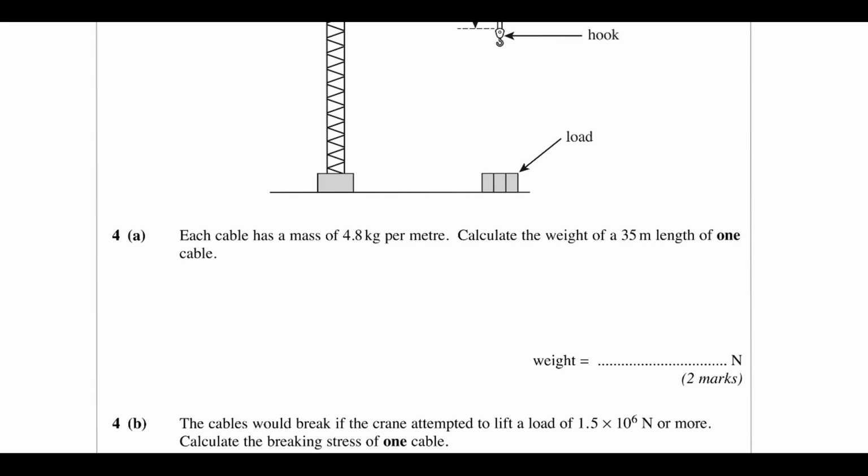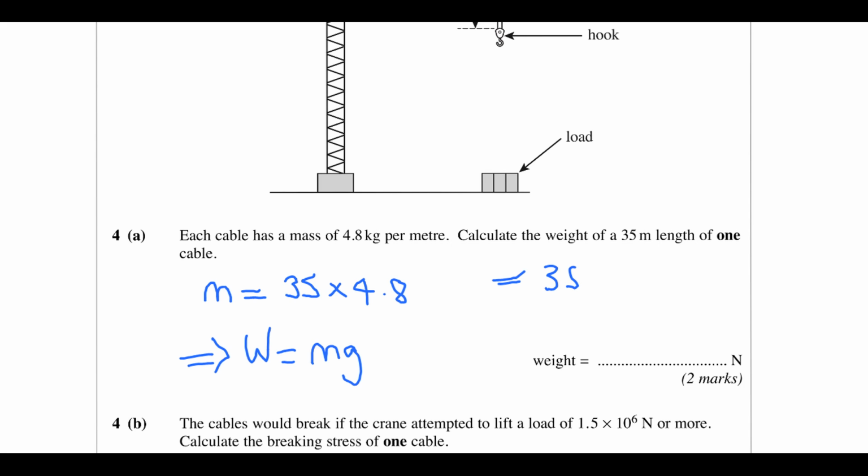So the mass is going to be 35 meters times the mass per meter. So weight force is mg, so that's going to be equal to 35 times 4.8 times 9.81.